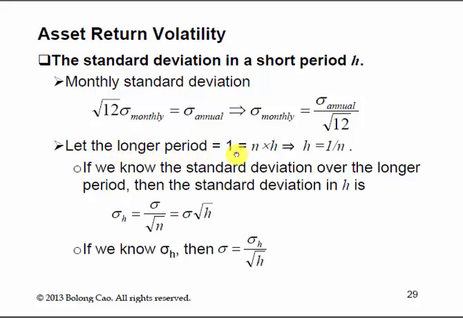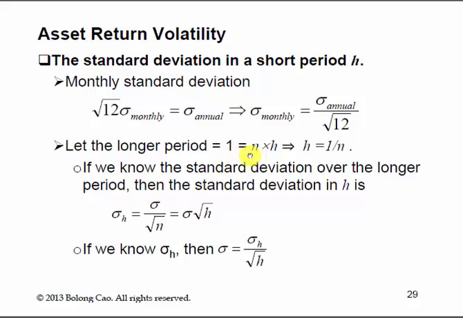Let's think about this one whole period as 1. Then we can divide this one period into n equal portions, each with length h. So the length is a smaller number here. It's equal to 1 over n. N is the big number. Okay.